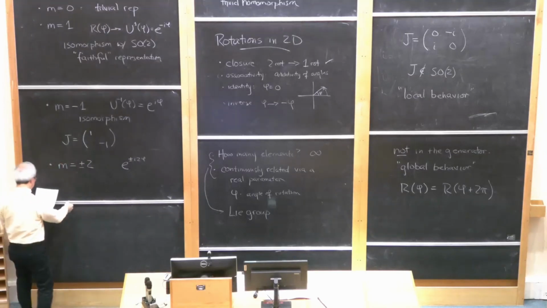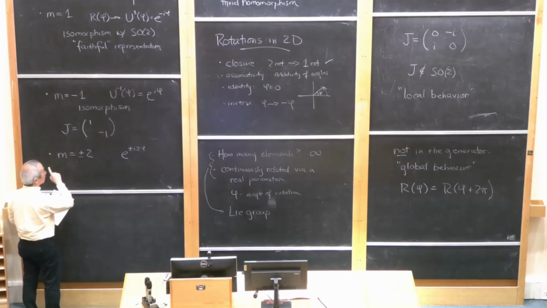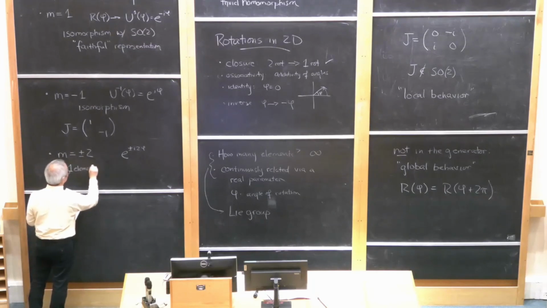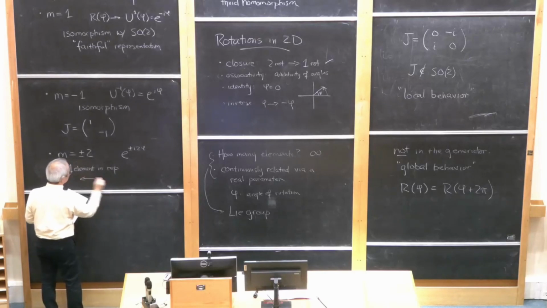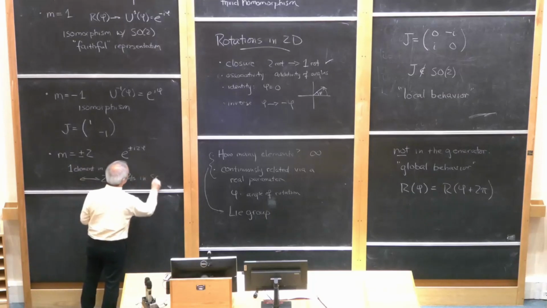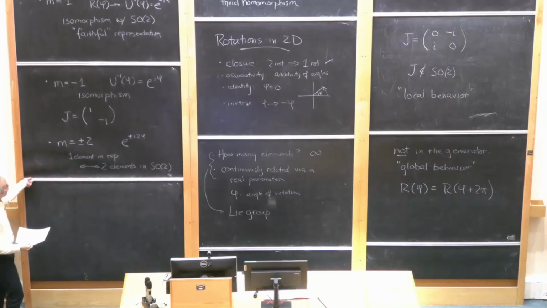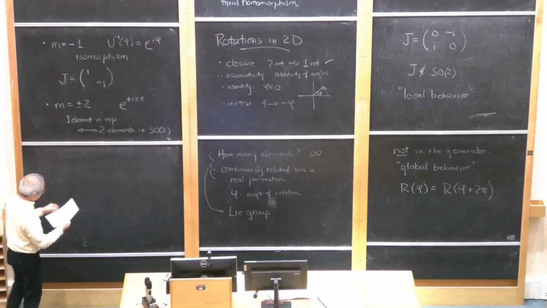So this is clearly not a one-to-one correspondence, but one element in this representation corresponds to two elements in SO2. So it's an example of a homomorphism, but the multiplication rule still holds.